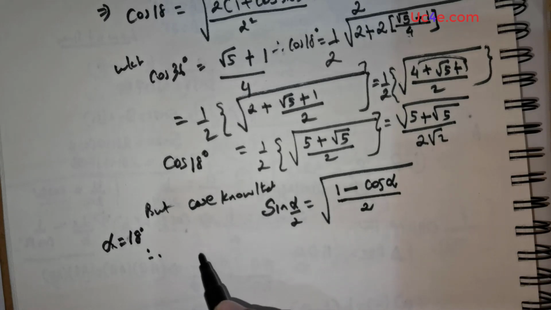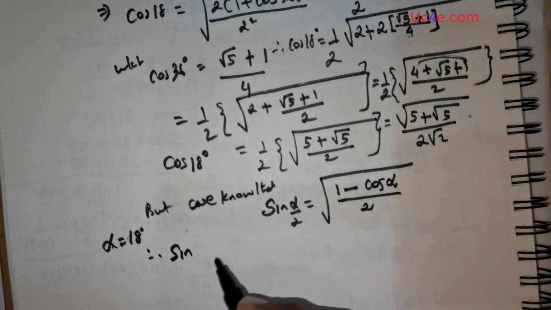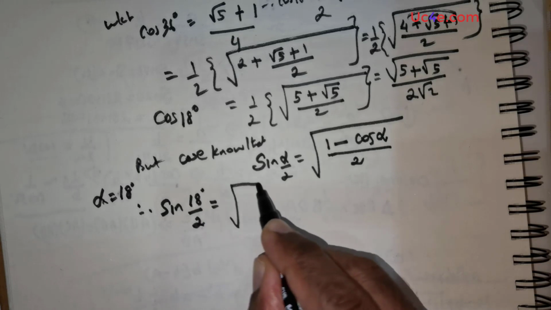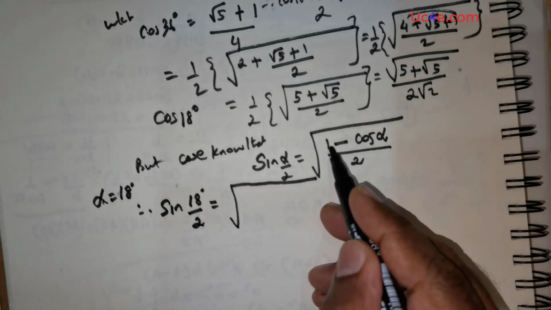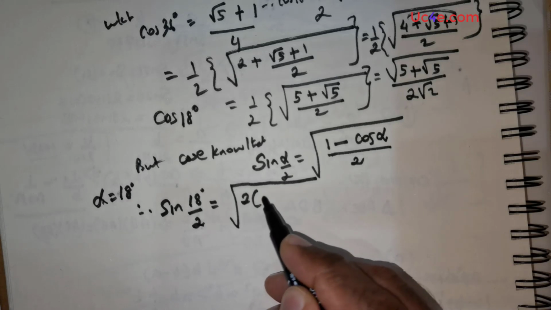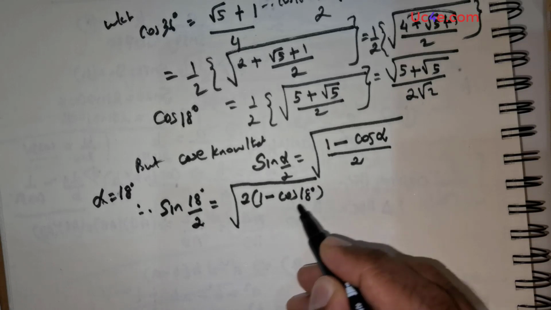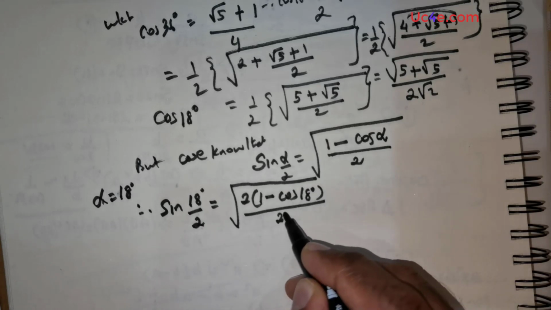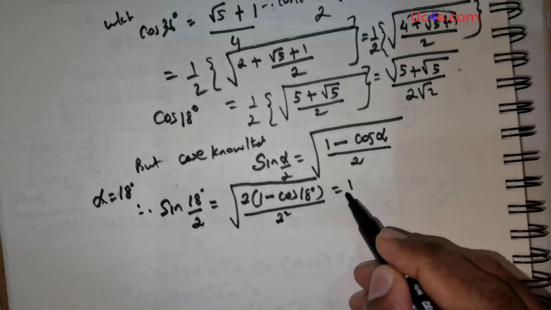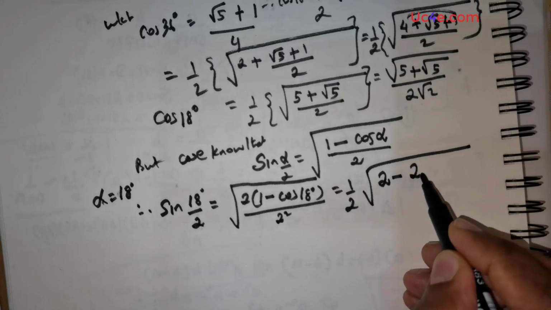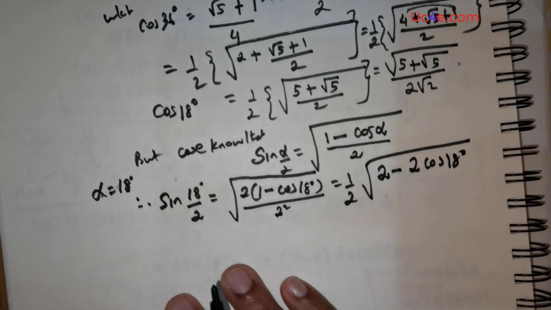Now this can be rewritten as, taking alpha equal to 18 degrees, sine of 18 degrees divided by 2 is equal to the square root of, I wish to multiply the numerator and denominator by 2, so it's going to be 2 times 1 minus cos 18 degrees divided by 2 times 2, which is 2 squared, so I can bring this 2 out, so it's going to be 1 over 2 times the square root of 2 minus 2 times cos 18 degrees.